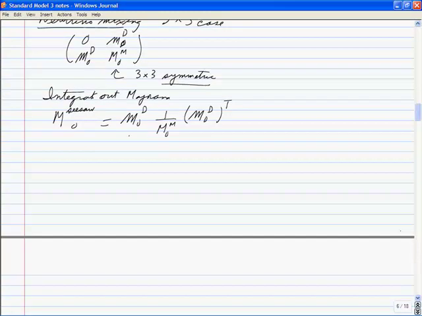We know that we can diagonalize the Dirac one.